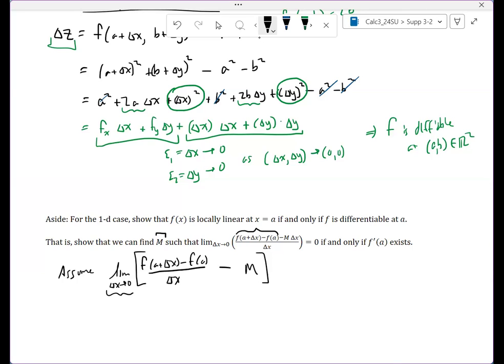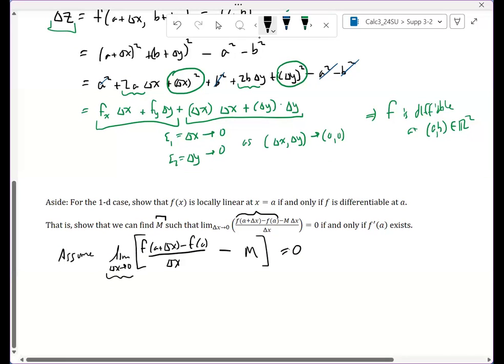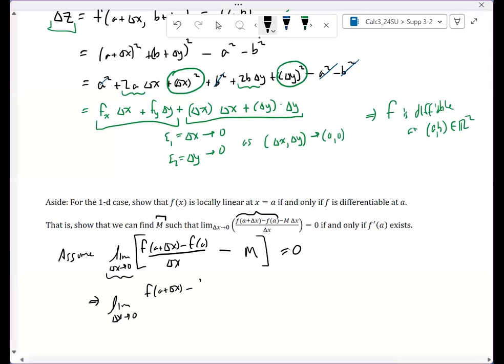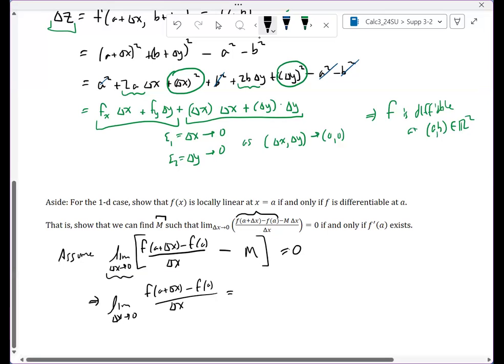So we'll assume that this limit equals 0. However, the limit of the difference is the difference of the limits. So this says that the limit as delta x goes to 0 of f of a plus delta x minus f of a over delta x, and of course the limit as delta x goes to 0 of the constant m is just m. We can add that to the other side.